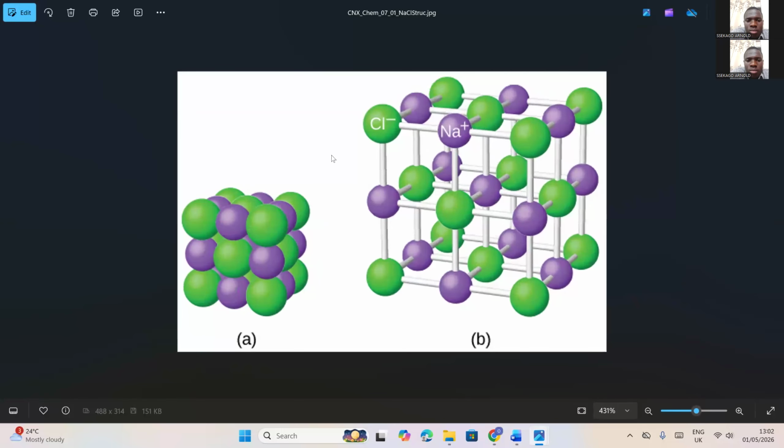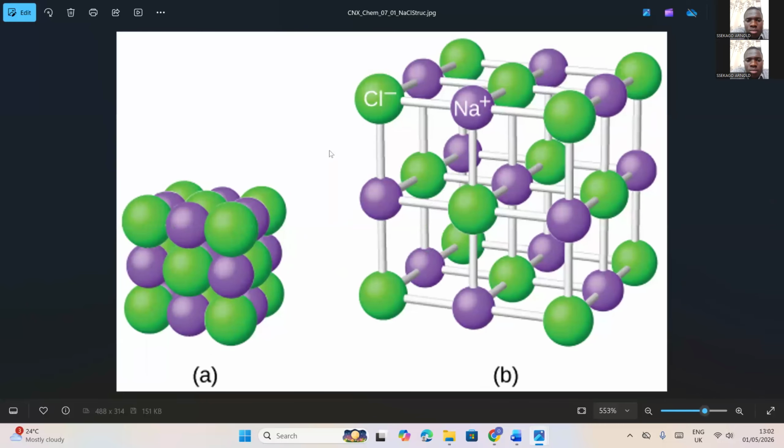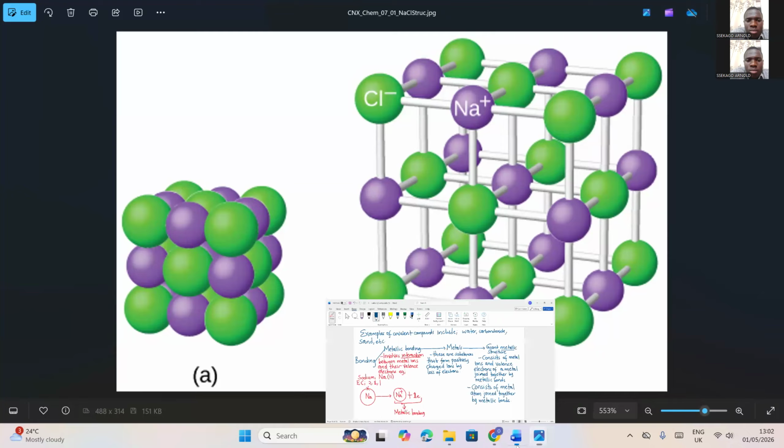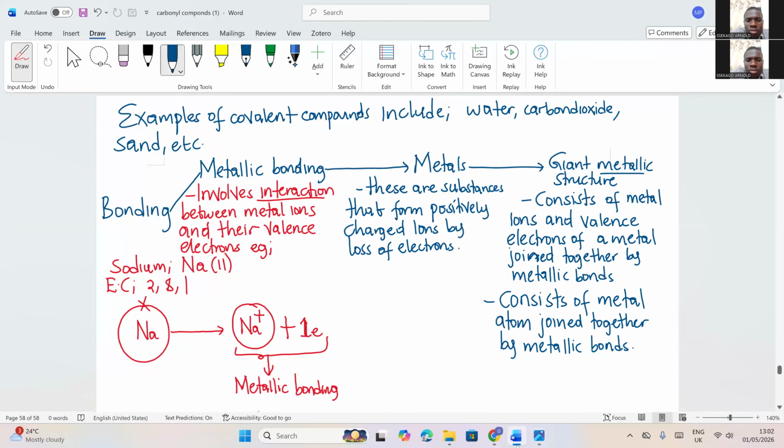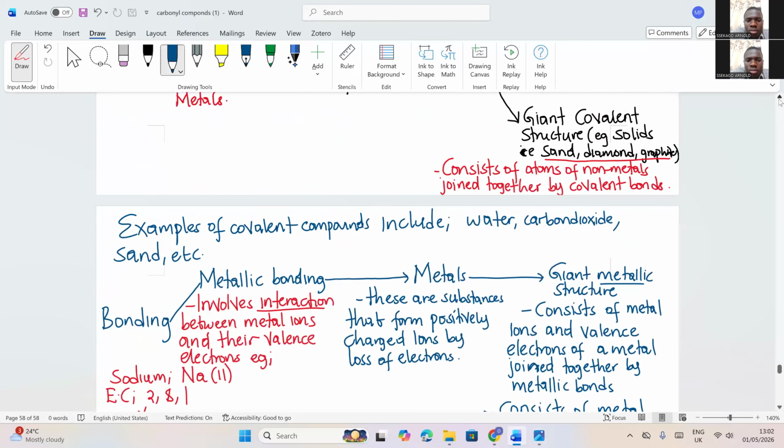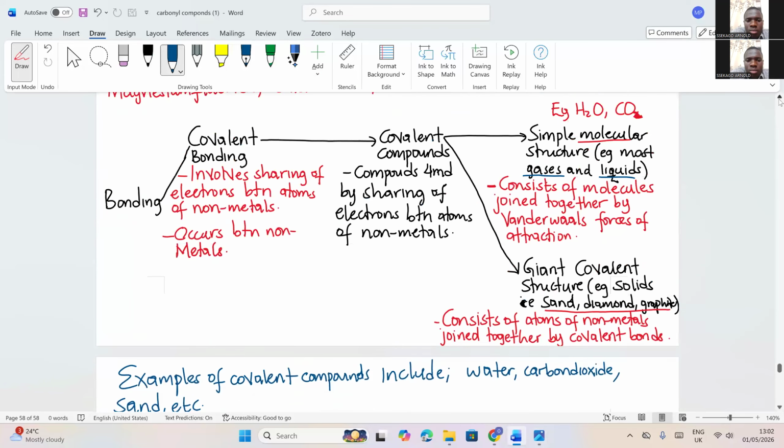See? What did we say? Look at what you have for giant ionic structure. We said that the giant ionic structure consists of the structure, it is here.